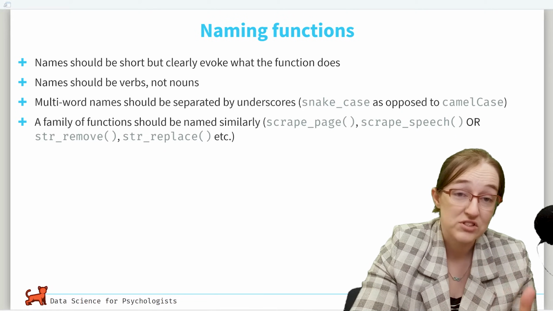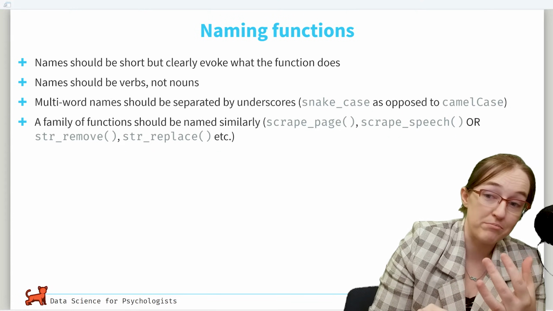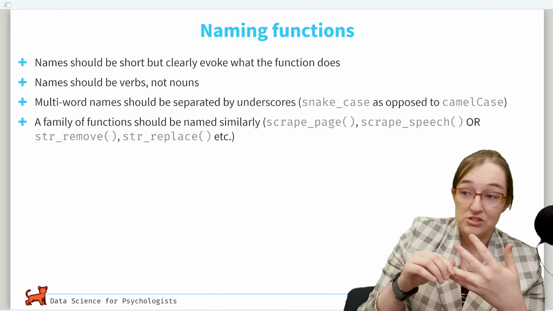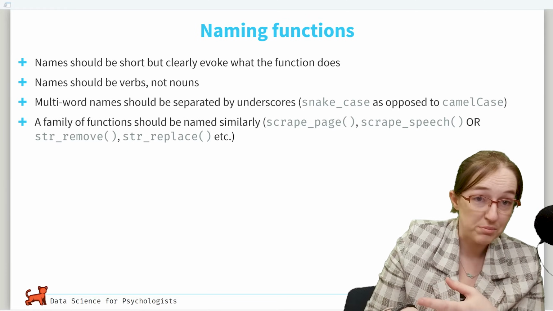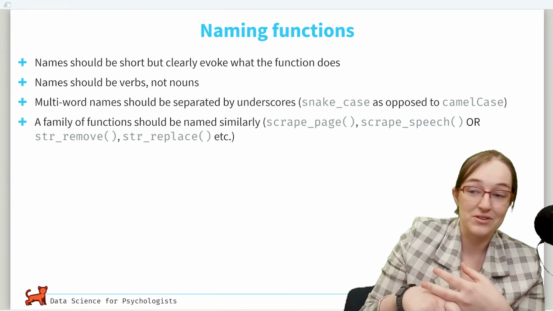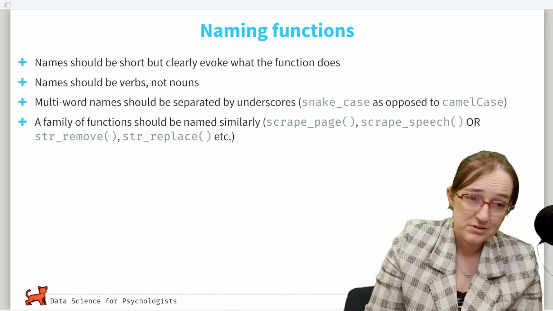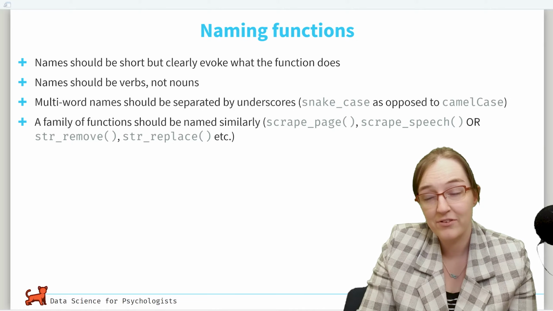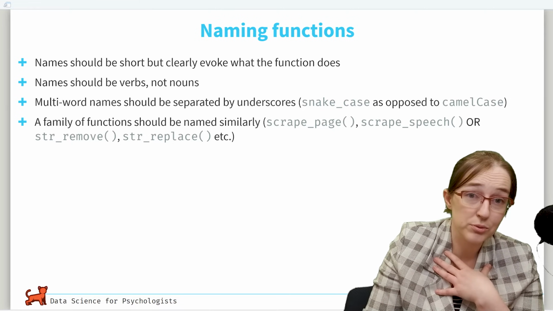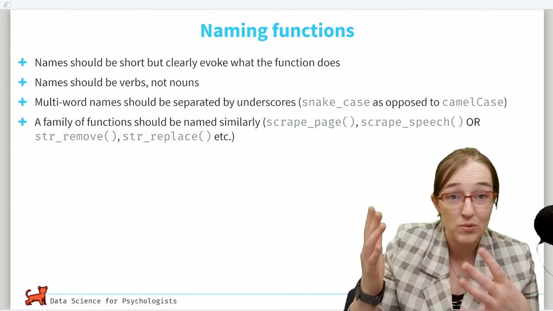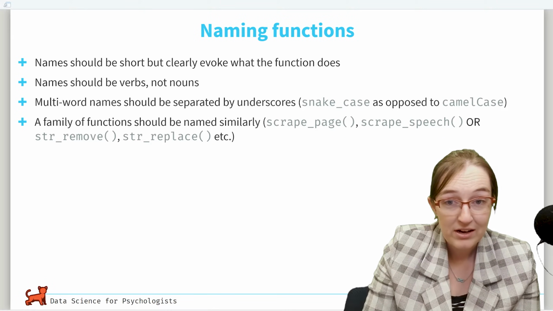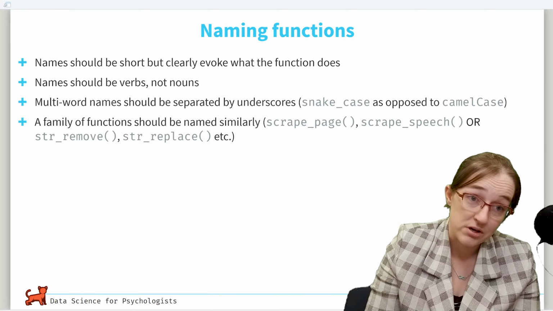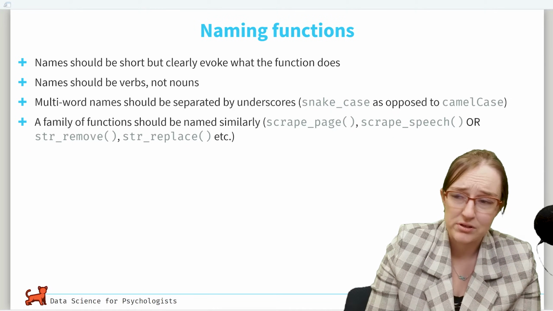So for a series of scrape functions, you would have scrape page, scrape speech, or another example is stringer remove, stringer replace. Be consistent so that your users, who are likely eventually going to be more than just yourself, or even future you who will have forgotten everything you did to write this function. Make it easier on your user.